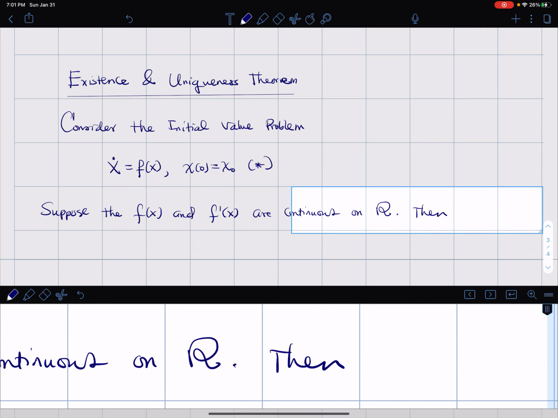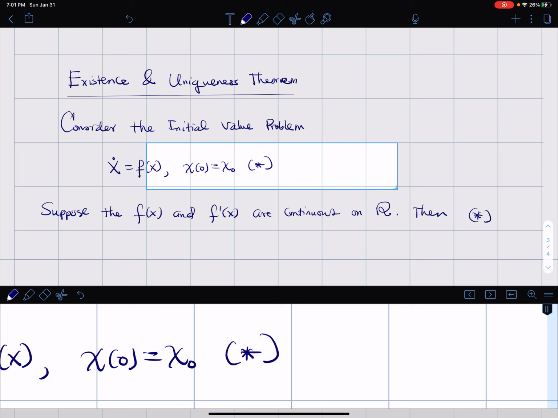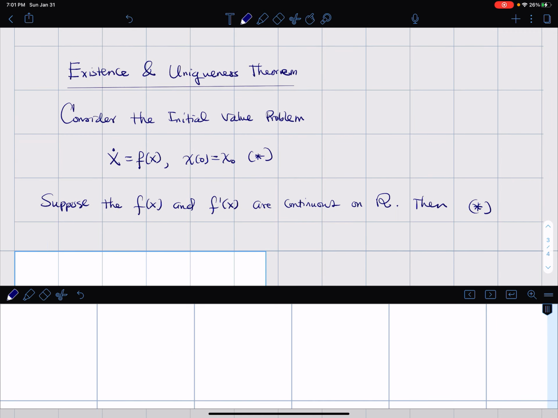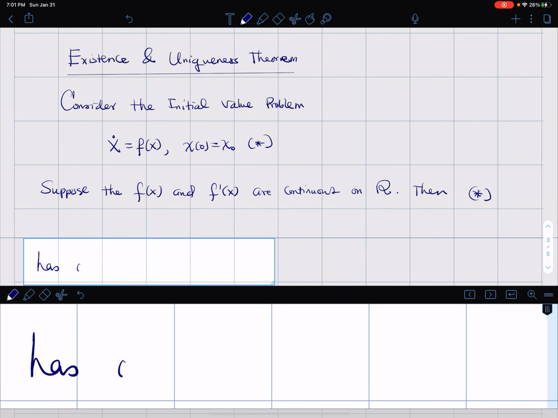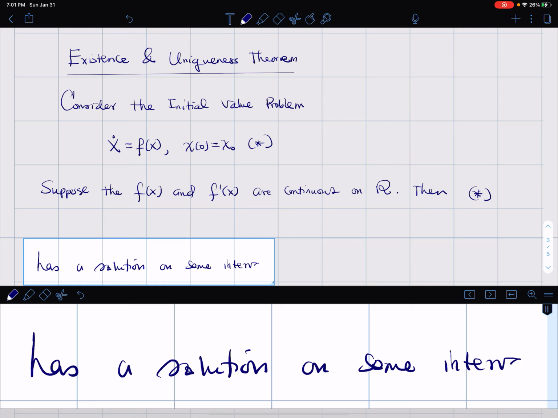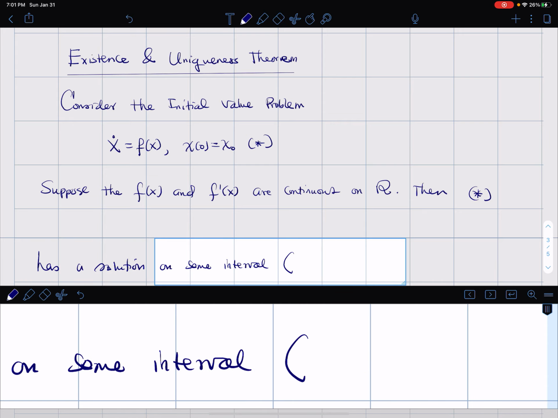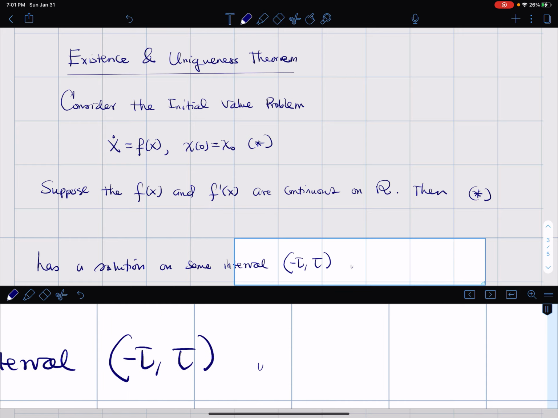Then our initial value problem has a solution on some interval. Call that interval negative tau to tau, which is centered at 0. Some interval about t equals 0.